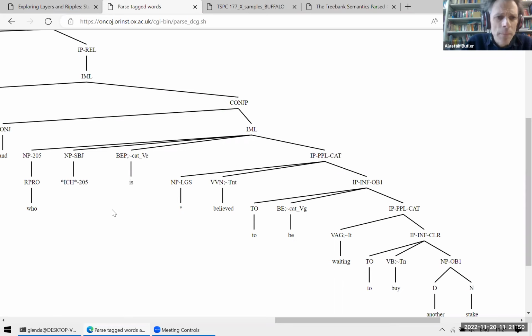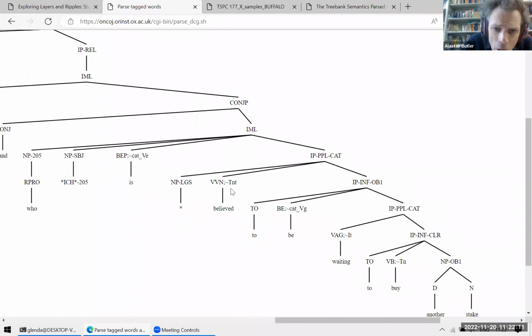If we start looking at the semantics, this is a syntactic subject here, but it's going to kick over into being an object of believe.